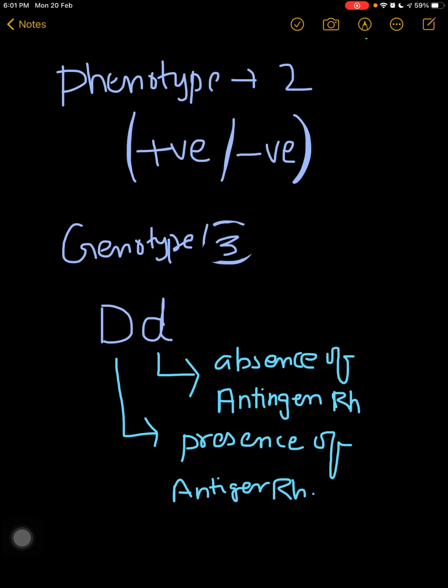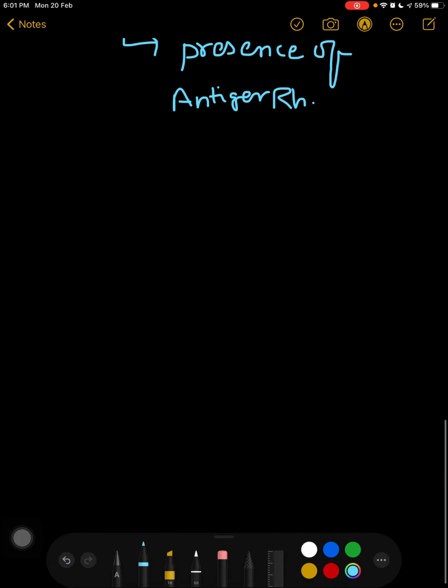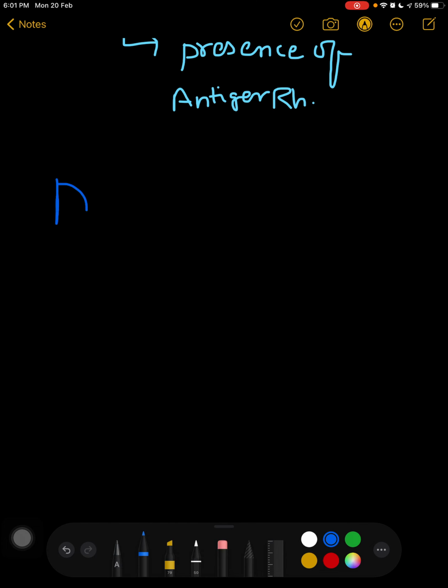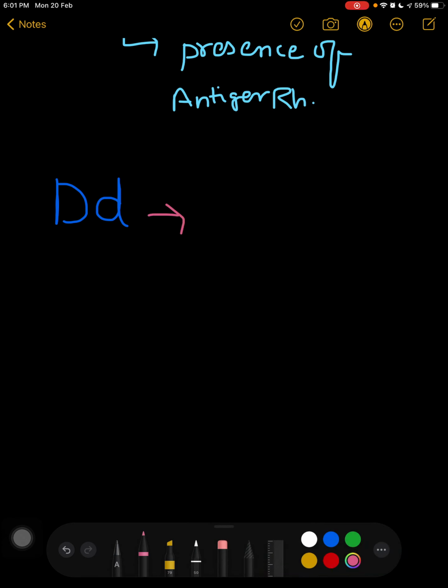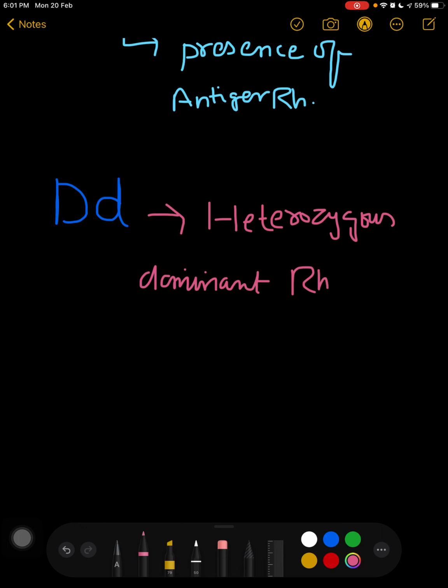So basically, as I said, there are three genotypes. Let's look into this. For example, if you have the condition Dd, right? So it means that it is heterozygous, Rh positive. It will be like this.